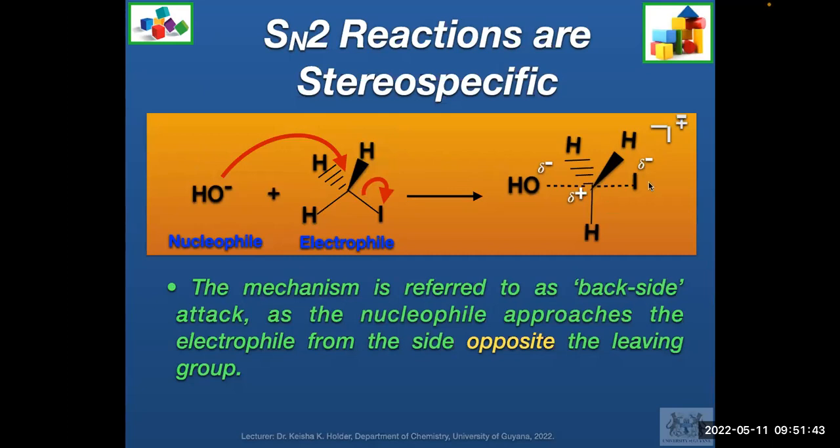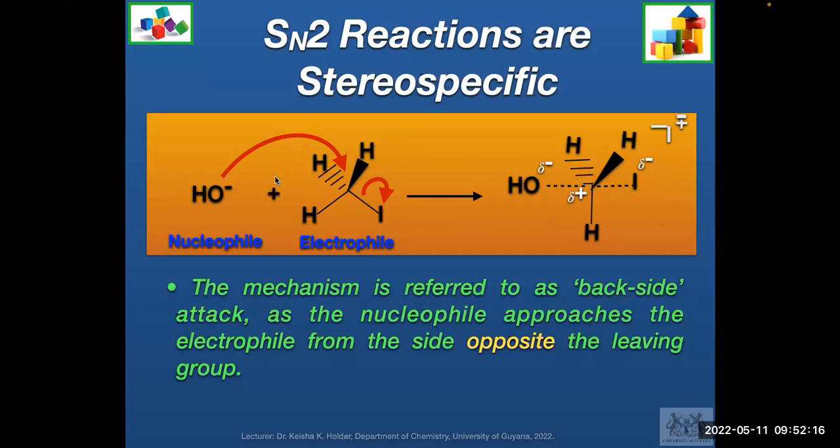As it is currently, what you see before you is the transition state that is being depicted, and it is the bimolecular transition state that I referred to before. So here we have our nucleophile, the hydroxide. It doesn't have a full charge at this point because it is in the process of bond formation. And here we have our leaving group, which is also not fully charged because it is in the process of bond cleavage.